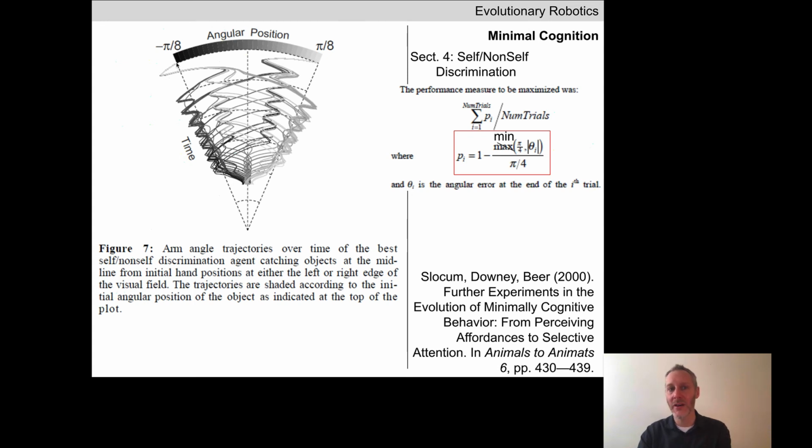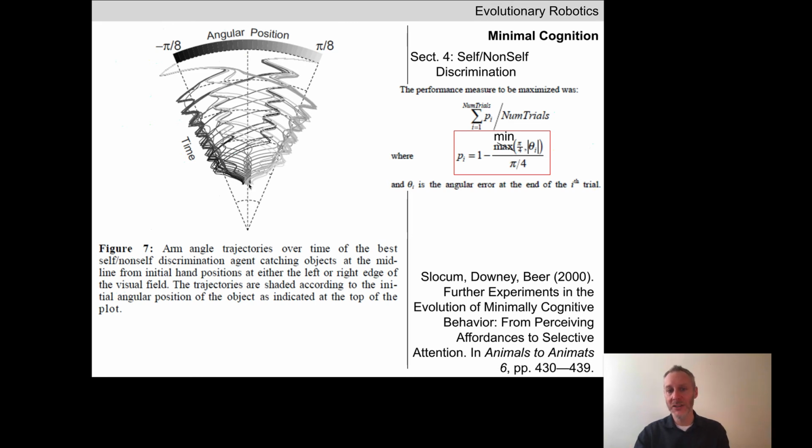Remember that all of the trajectories that start left means the arm starts left, and all of the trajectories that start right means the arm started right. So the horizontal position of the trajectory is representing the horizontal angle of the arm. It says nothing about the current angle of the object.